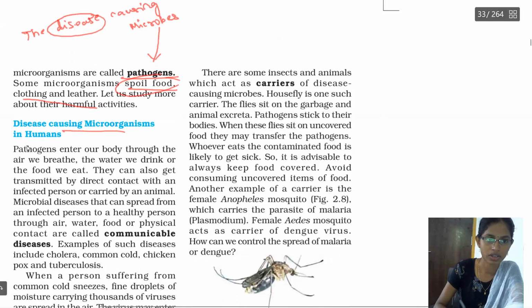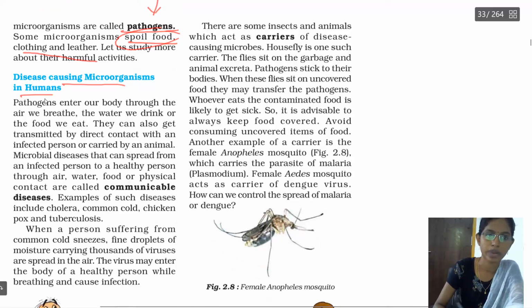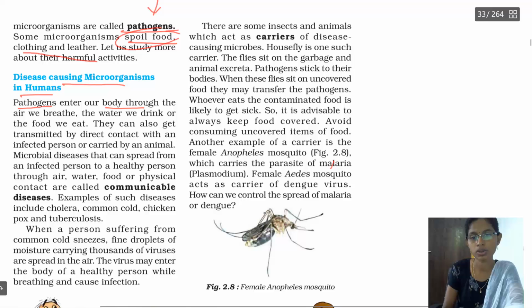This is about disease causing microorganisms in humans. How do microorganisms cause diseases in humans? The pathogen, as I said earlier, is the disease causing microbe. They enter into our body through the air we breathe. How do they enter?